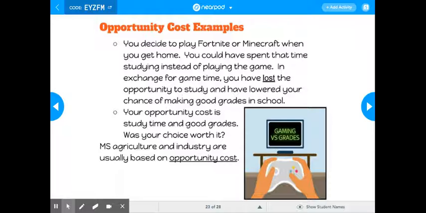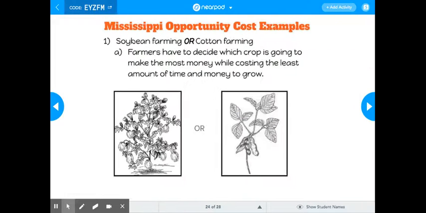And so in Mississippi agriculture and industry, we also base things on opportunity cost. We can't have everything all the time, so we have to choose and make good choices. If I was a farmer, I could choose to plant soybeans or I could plant cotton, but I don't have the time or the resources or the land to do both. So farmers have to decide, am I going to plant soybeans or am I going to plant cotton?